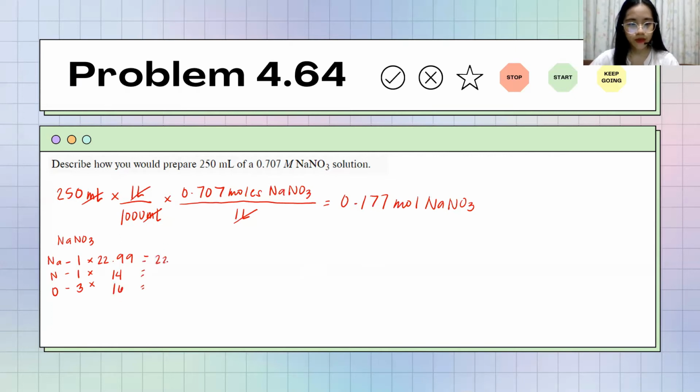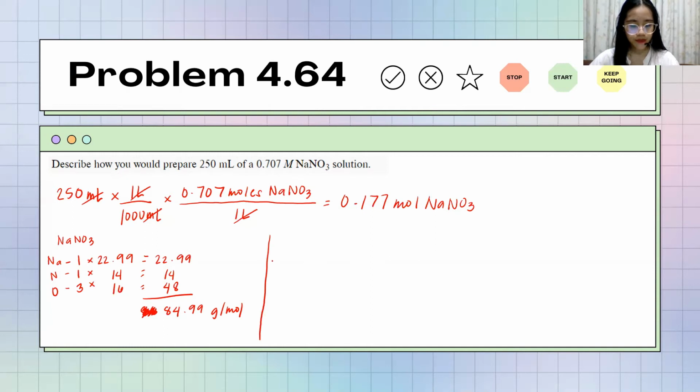So we have here 22.99, 14, and 48. The total is 84.99 grams per mole. So this is the molar mass of sodium nitrate.